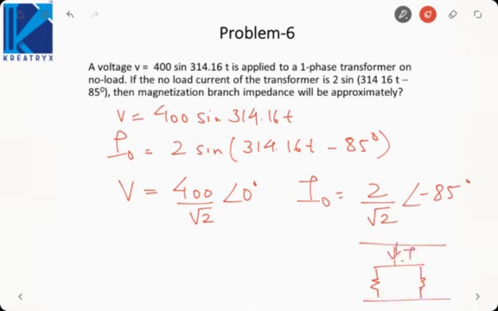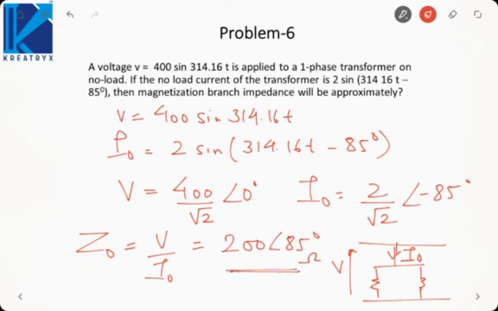Here current I naught is going, here voltage V is applied. To find the impedance, we will do just V by I naught. Z naught is V by I naught, which will be 200 angle 85 degree ohm. So this will be the impedance of the shunt branch in case of transformer, or we can call it the magnetization branch.